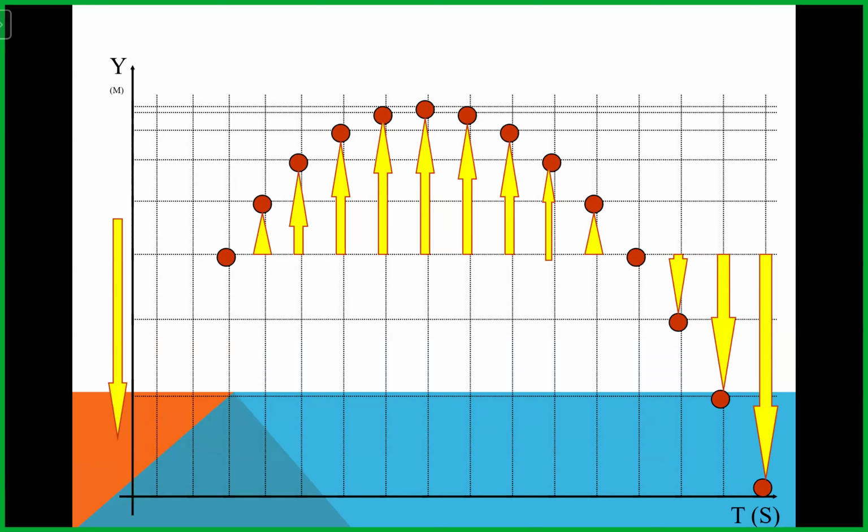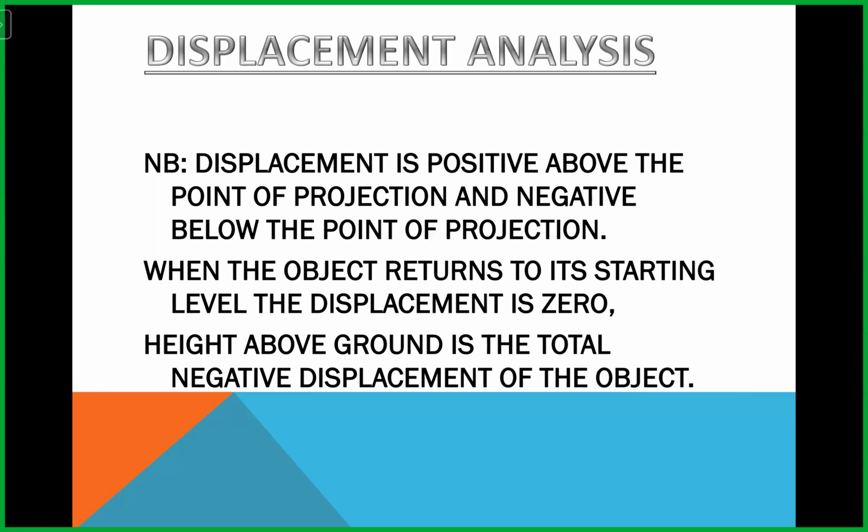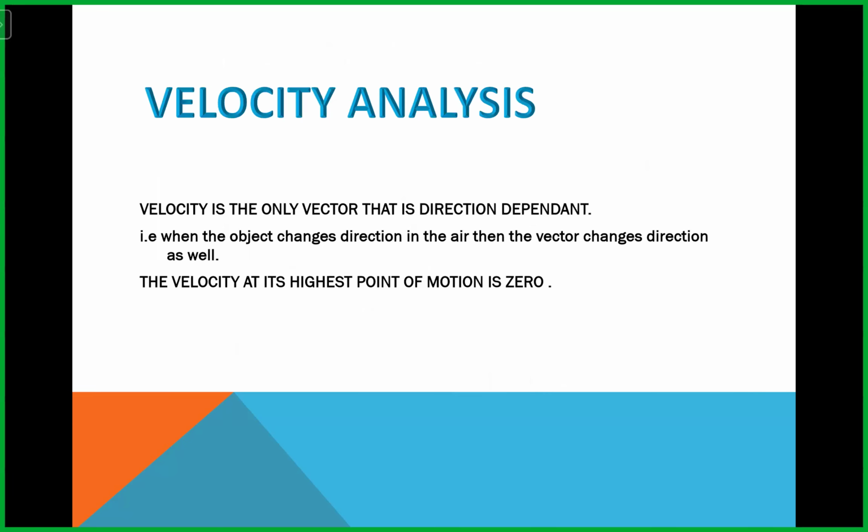The next set of diagrams is for velocity. Now, you already know how velocity works. Velocity is the only vector that changes direction when the object physically changes direction in the air. What does that mean?